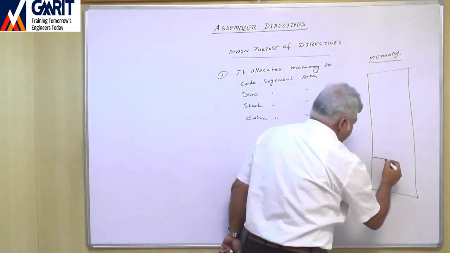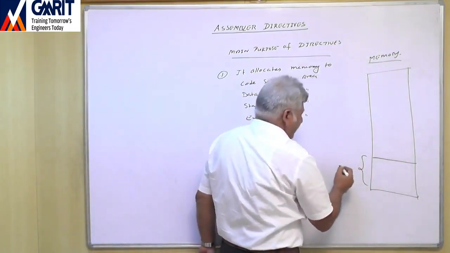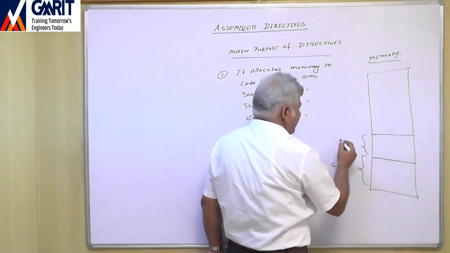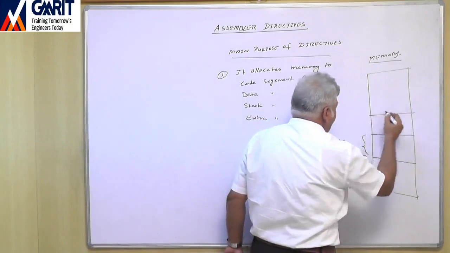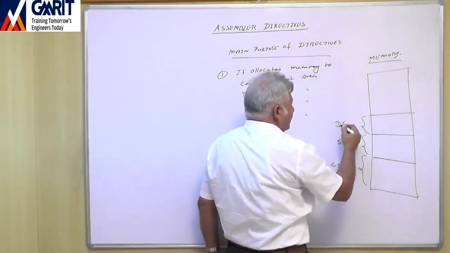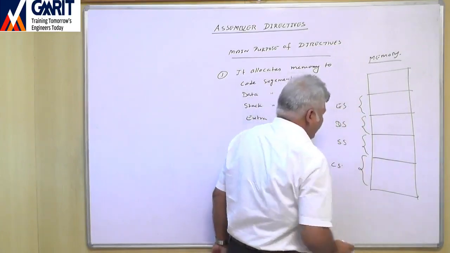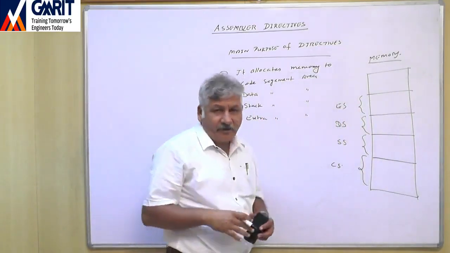So it will allocate, okay, this is the section of my code segment, this much memory section is the stack segment, this much memory segment is my data segment and this much memory segment is the extra segment. So it will allocate by itself.